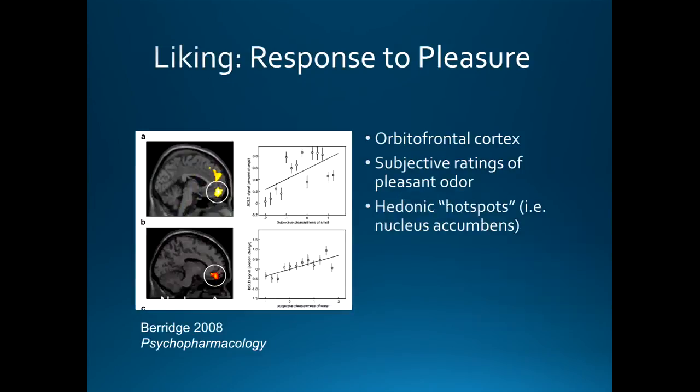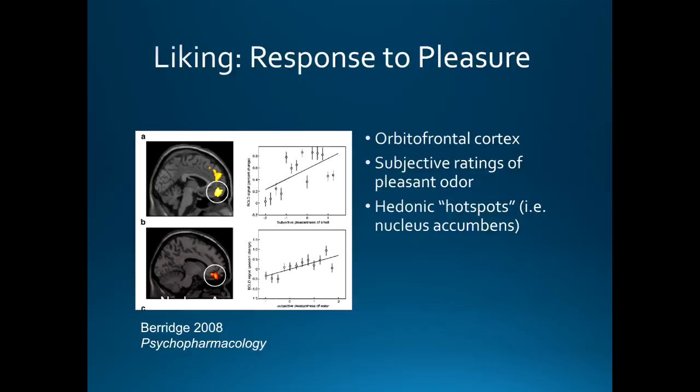And so what does this look like in the brain? We've talked about how the orbitofrontal cortex is important for coding valence, or basically amount of pleasure of a certain stimulus. So on the top pane there, you see in both the images of the brain, the orbitofrontal cortex area is circled, and the top pane is showing response to pleasant smell, and the bottom pane response to pleasant taste.